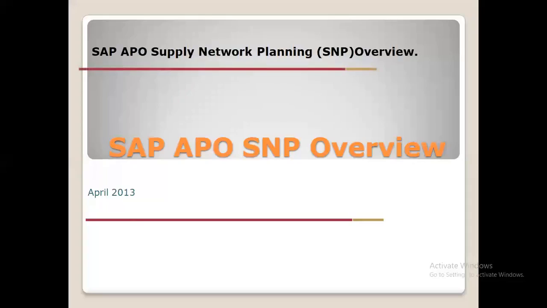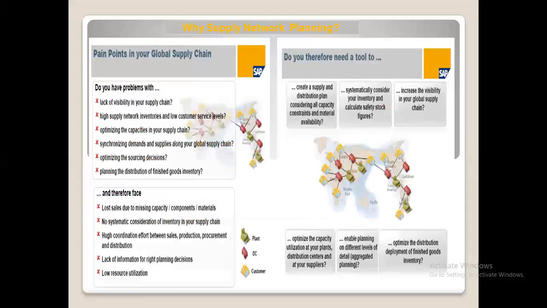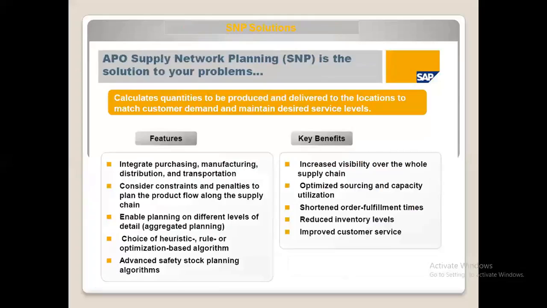See, if you come to the features: integrate purchasing, manufacturing, distribution, transportation. I already presented SNP as an integration of purchasing, manufacturing, distribution, transportation. Nothing but the planning, distribution, deployment.